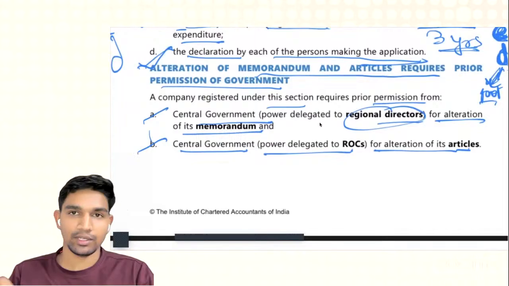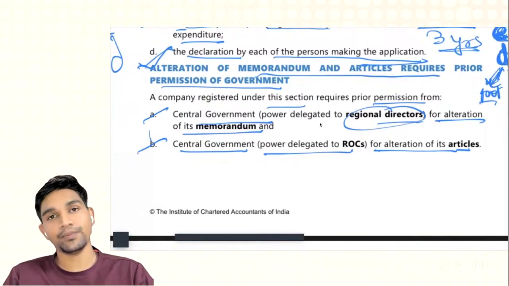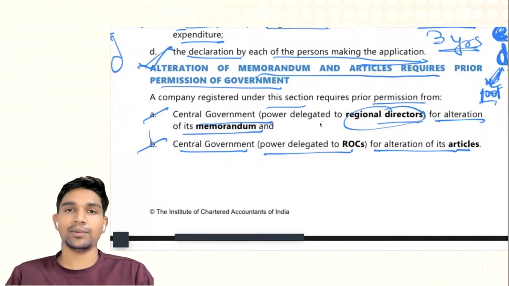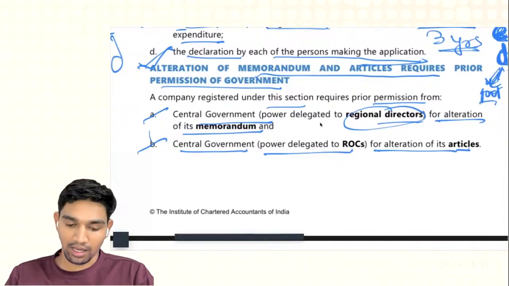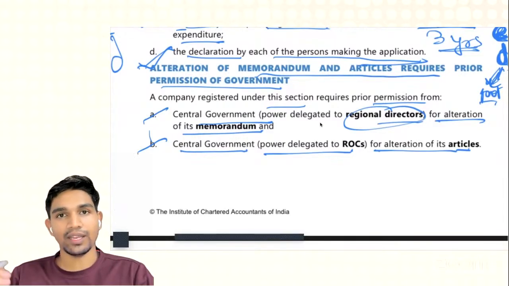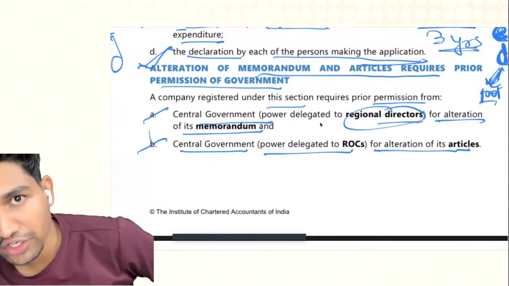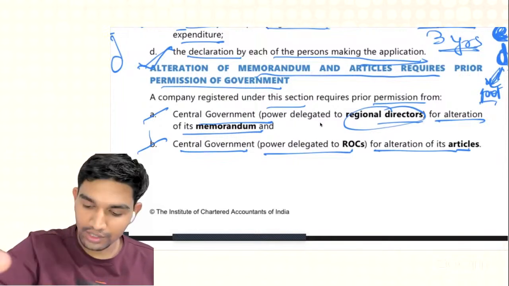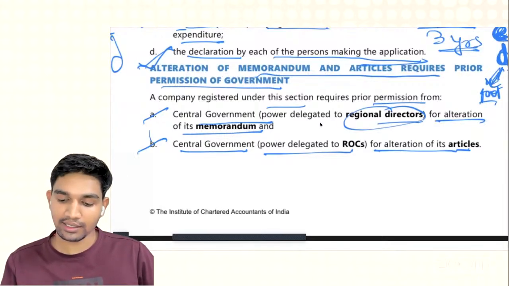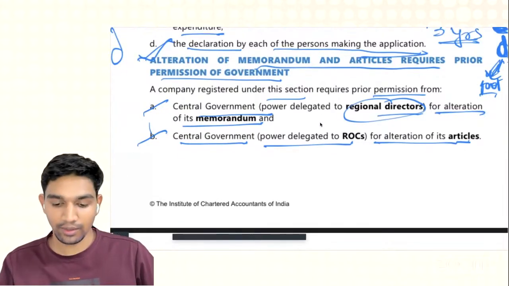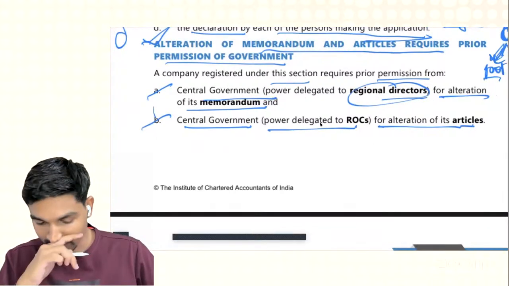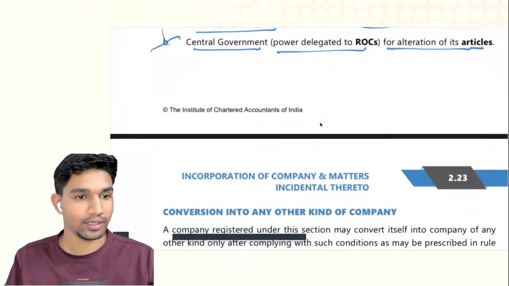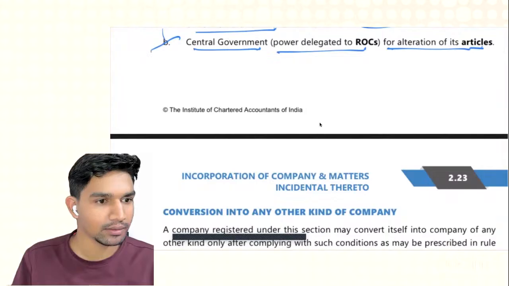So if you have to make an alteration in the memorandum, the Central Government has delegated the power to the Regional Director, and if you have to make amendments or alterations in your articles of association, then the power is delegated to the ROC.